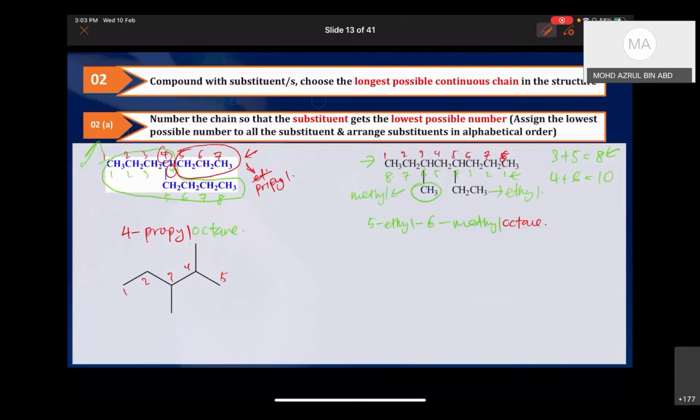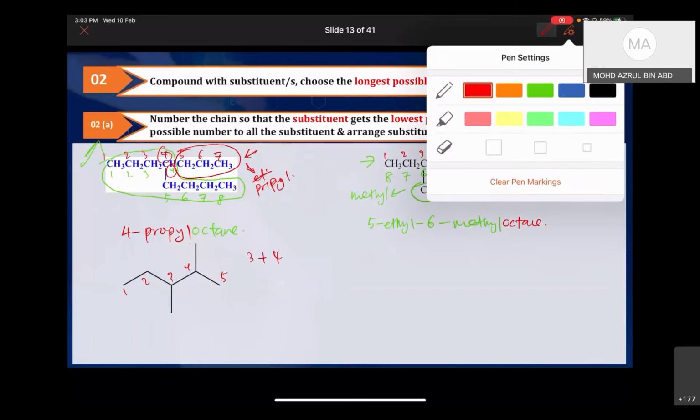Alright. Next, what you want to do? Okay, what you need to do is what? After finding the longest chain, the next is you need to find the direction which gives the lowest number of total substituent. Okay, if I follow the red one, the substituent attached at 3 and 4.